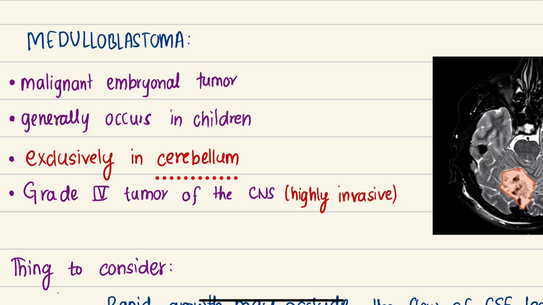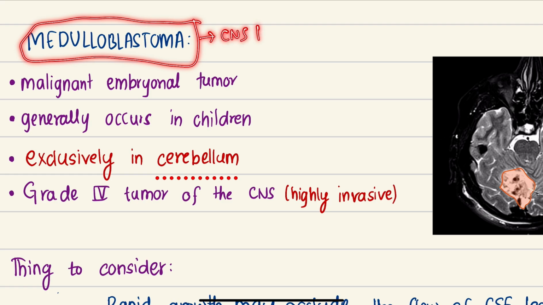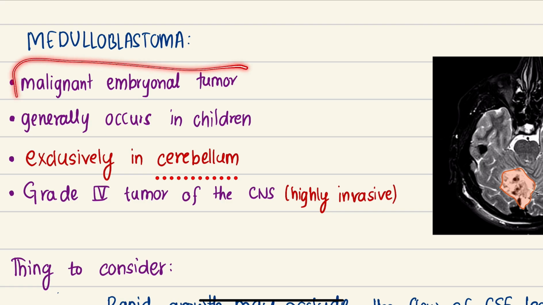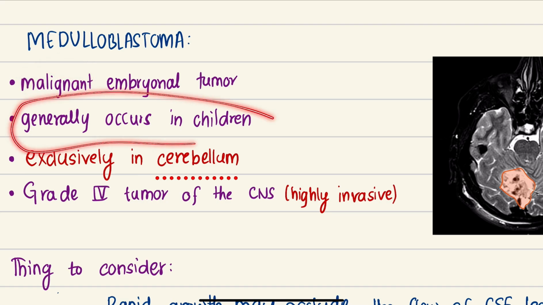So let's get started. Medulloblastoma, this is quite interesting. This is a CNS tumor. CNS means central nervous system tumor. And this is a malignant embryonal tumor. This is a really dangerous tumor, not so easy to deal with, and this especially occurs in children.